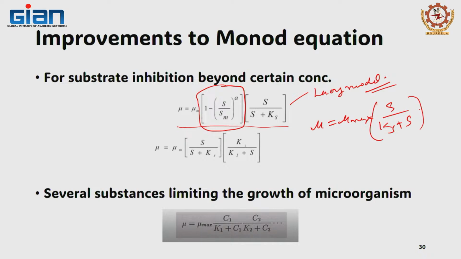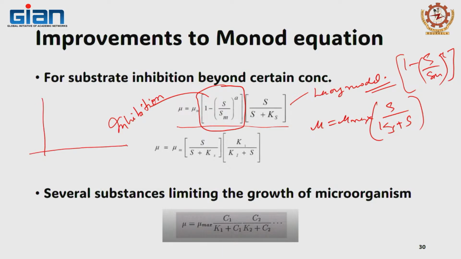If you add this (1 minus S over S m) to the power a, you are adding the substrate inhibition aspect. So, this is your inhibition from the substrate side. Now, when the substrate inhibition takes place, let us say I have an equation with mu and substrate.